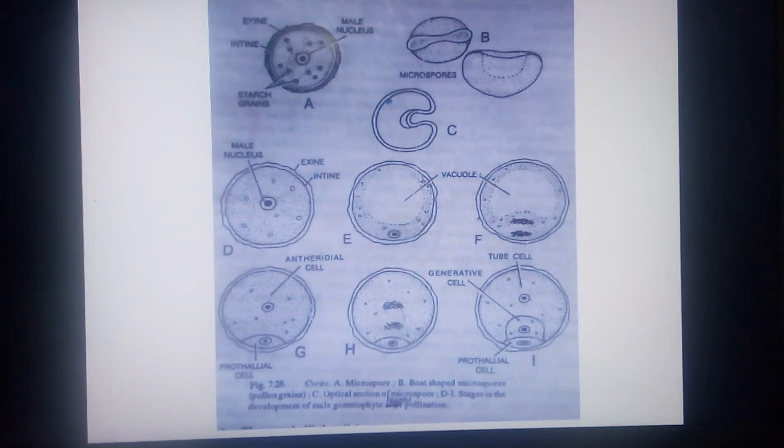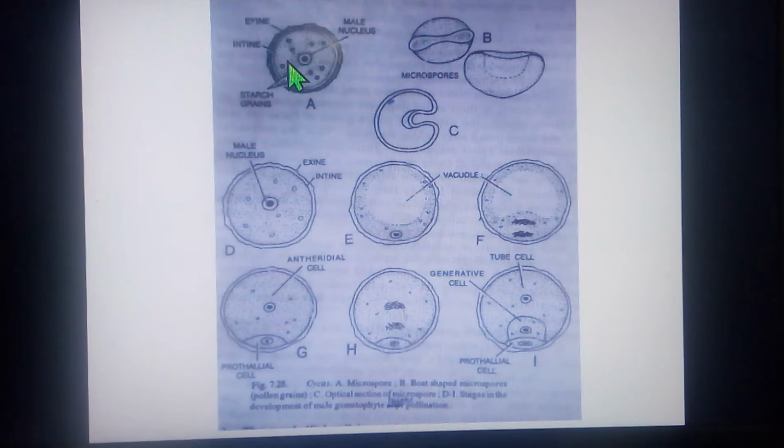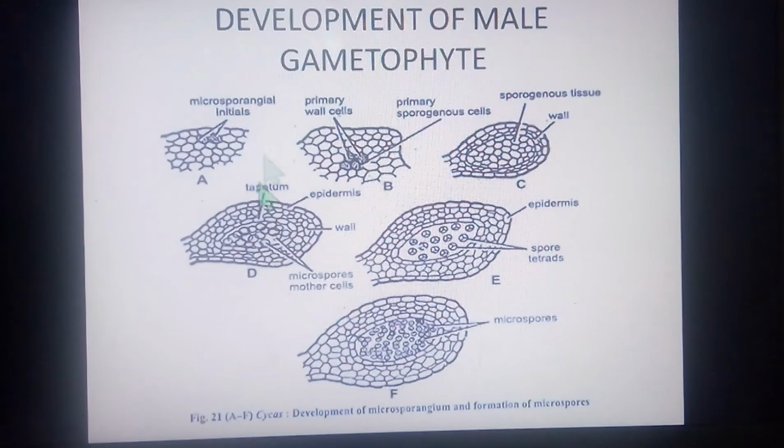Here we will take a look at a single microspore. The microspore is the first cell of the male gametophyte. It is uninucleate and haploid, a haploid spore which is produced inside the microsporangia of a male cone.